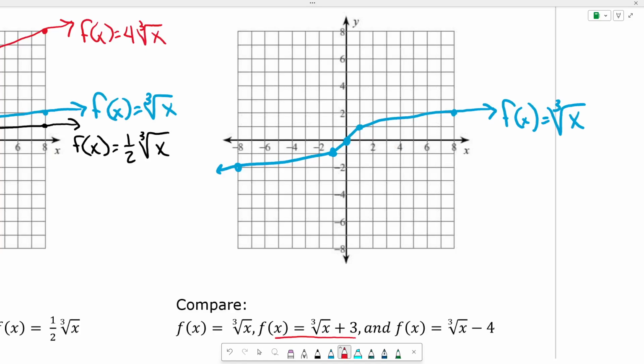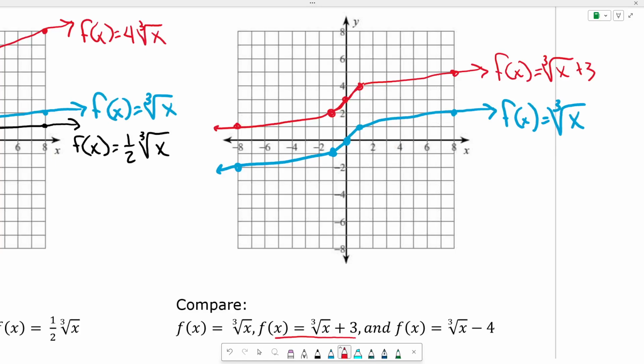So everything is exactly the same, just 3 places higher. So we'll have a point here, a point here, here, here, and here. The graph looks exactly the same. It's just been shifted 3 places up. This one is my f of x is equal to the cube root of x plus 3.